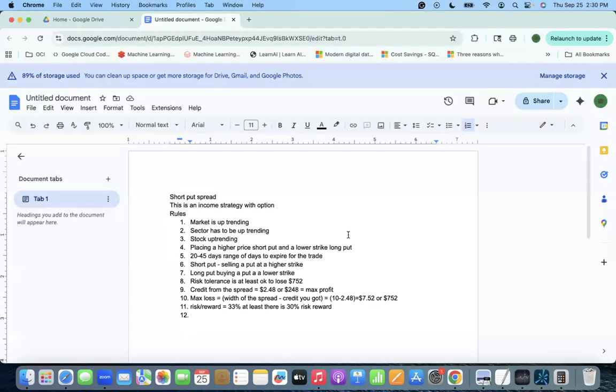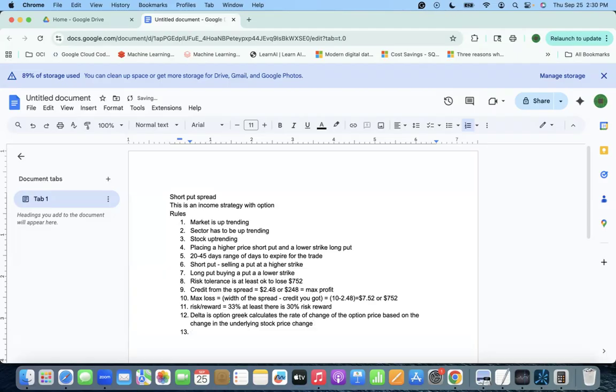So delta is an option Greek that calculates the rate of change of the option price based on the change in the underlying stock price, right?